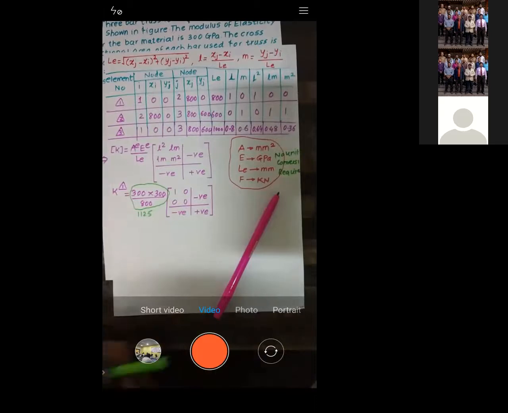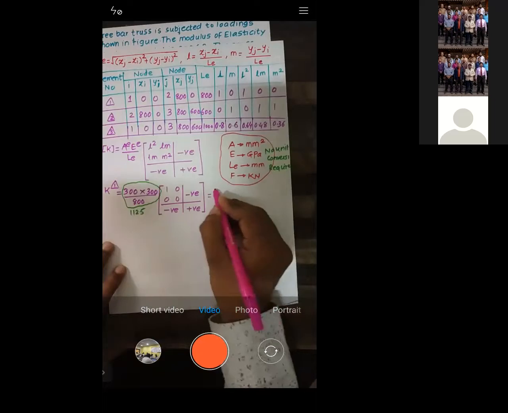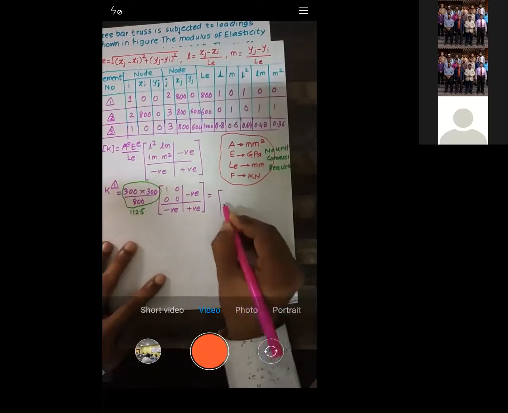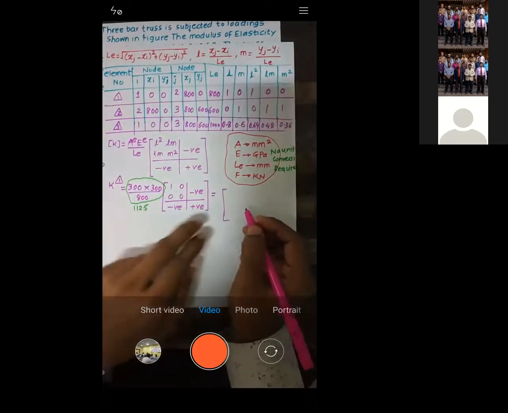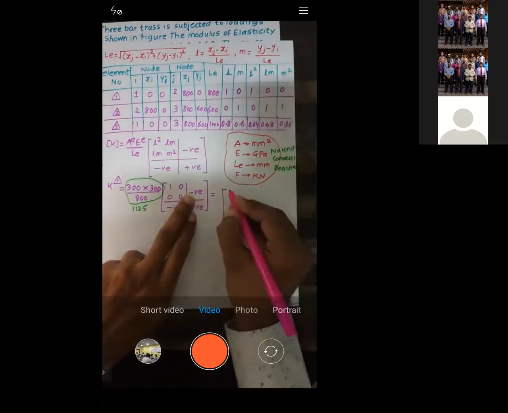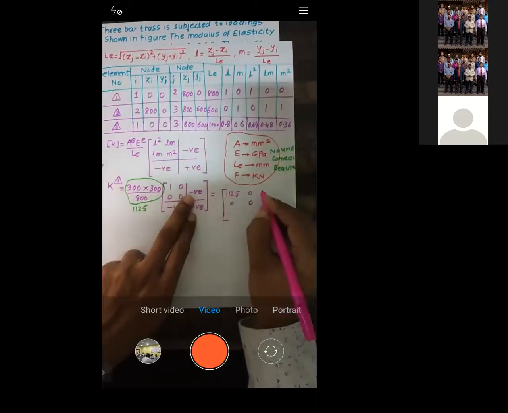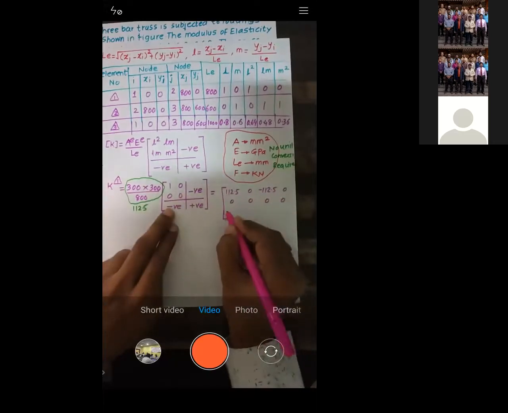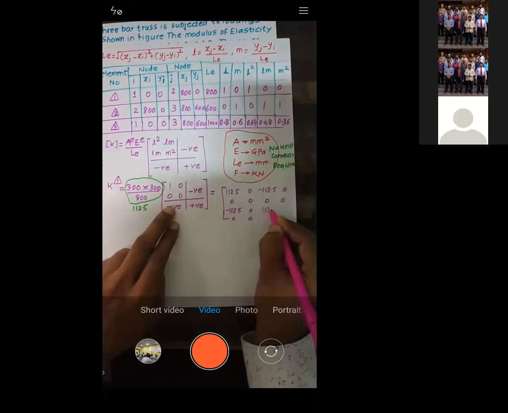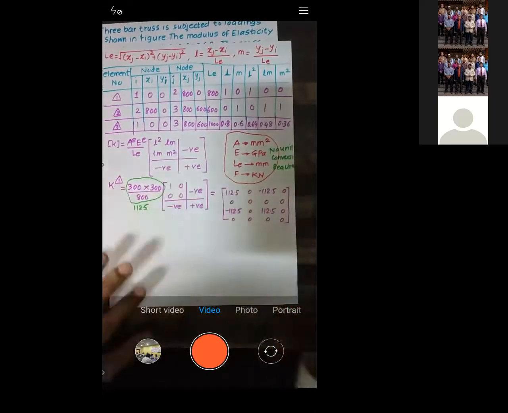So it is equal to, and we multiply 112.5 inside: 112.5, 0, 0, 0; then minus 112.5, 0, 0, 0; again minus 112.5, 0, 0, 0; then 112.5, 0, 0, 0.